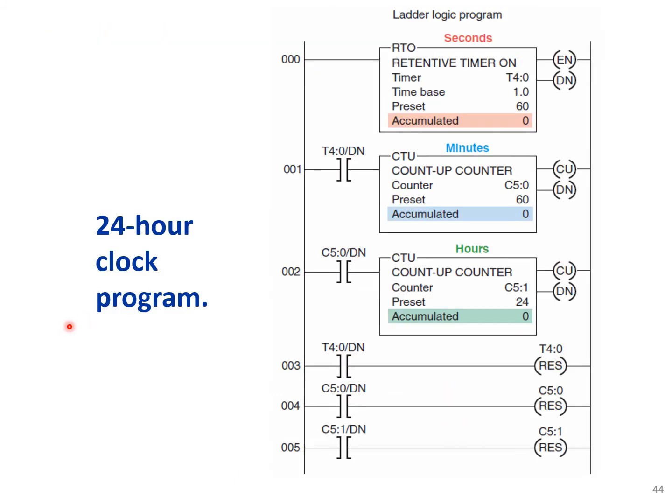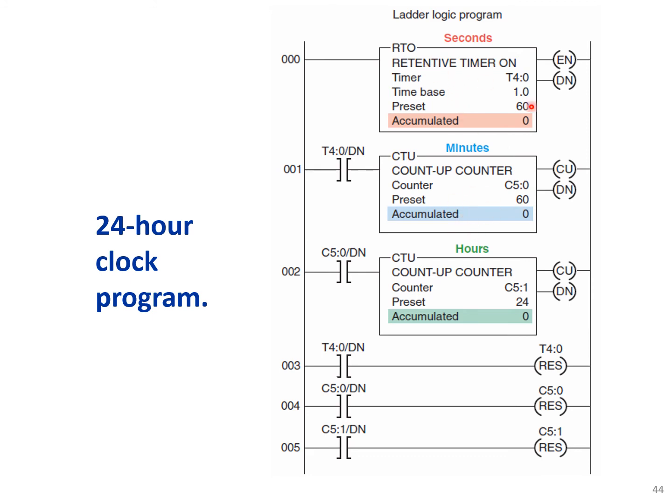24-hour clock program. Here we have a combination of timers and counters. The first block here shows the number of seconds passed, and the second one, the counter, shows the number of minutes.